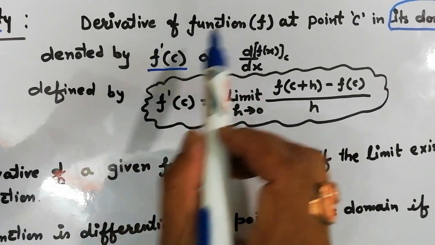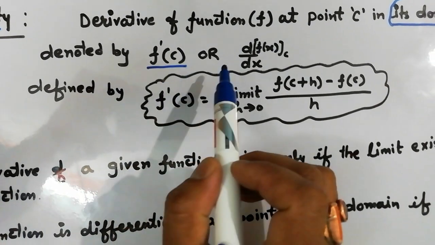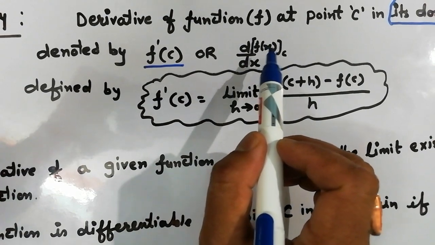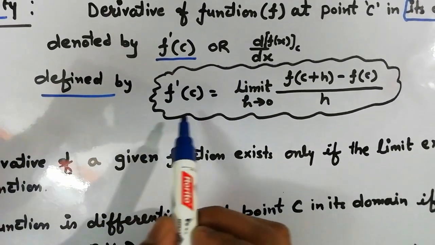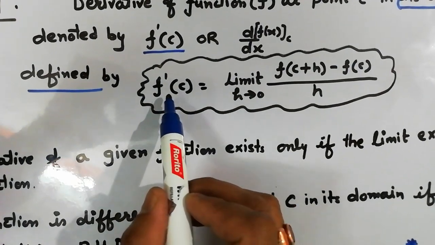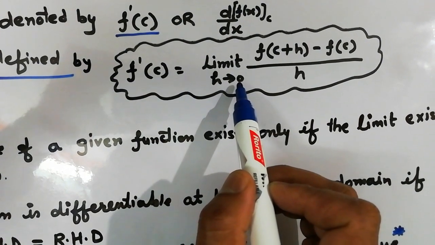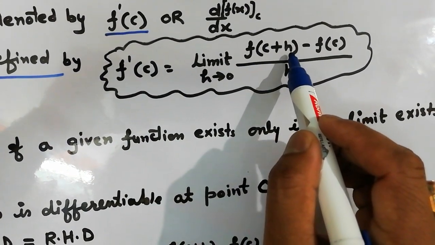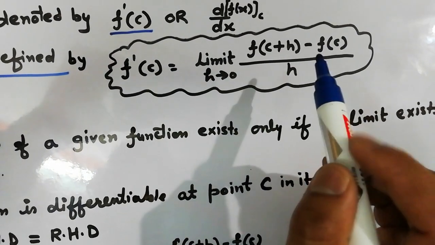So the derivative of a function at that point is denoted by f dash c, or you can simply write d/dx of the given function at point c, defined by f dash c equal to limit h approaches 0 of f of c plus h minus f of c upon h.